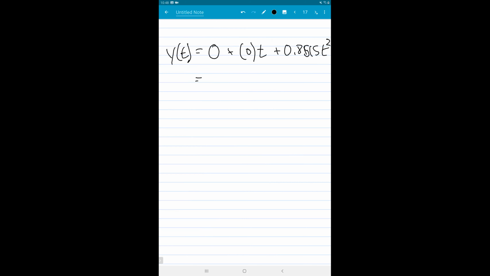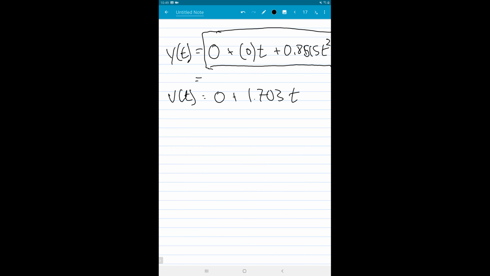Sorry. And you can honestly leave it in this form here because that just shows me that you understand that your initial velocity was 0, and that your initial position was 0. Okay, yeah, because I had that for the next one, where I'd have v of t equals 0 plus 1.703 t. Yes, exactly. Good.